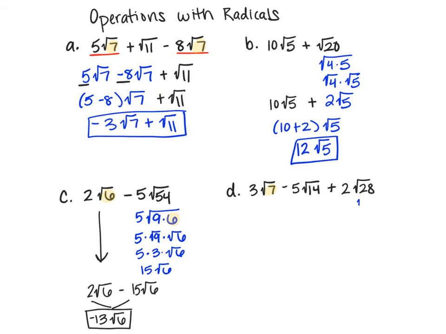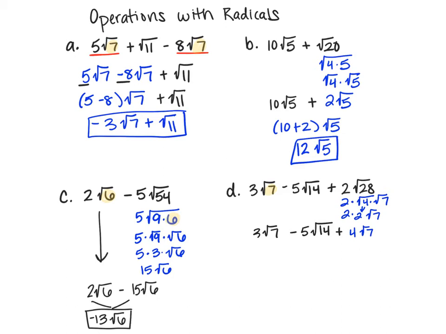But the 28 I can break up into the square root of 4 times the square root of 7. So that would be 2, since the square root of 4 is 2, and then the root 7. So this one would become a 4 root 7. And then I still have this 3 root 7, and I don't think I can simplify this 5 root 14.